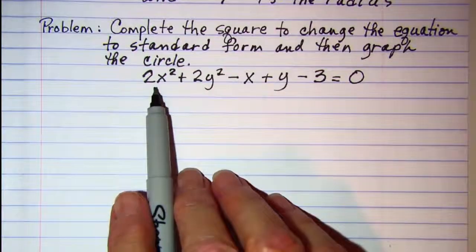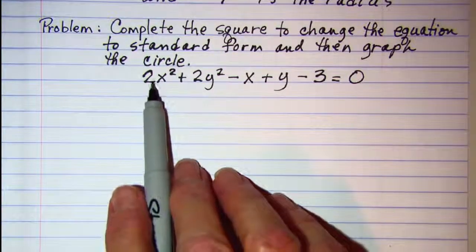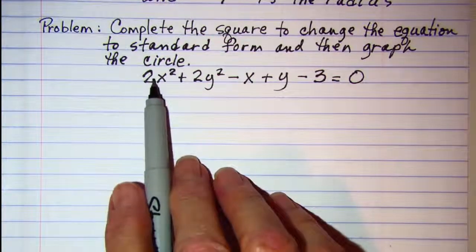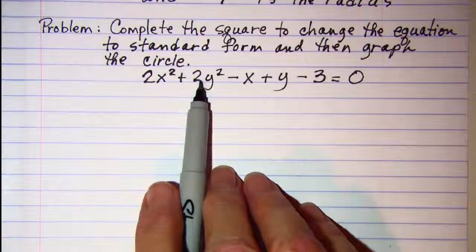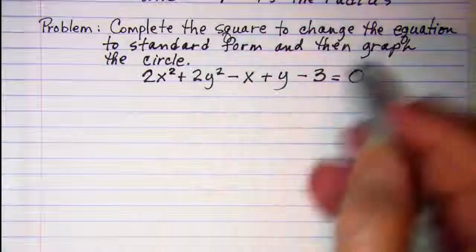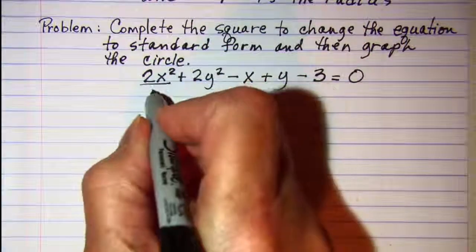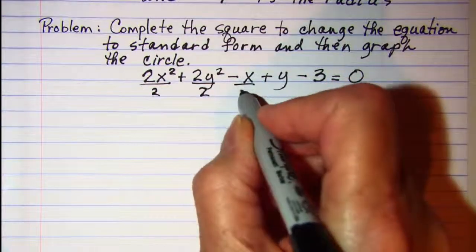All right. What we would like in order to complete the square is a coefficient of 1 for the x squared term and for the y squared term. And what I'm going to do is divide every term by 2. Even though it'll cause a fraction here, I'm still going to do that so that we can get a 1 on the coefficient.